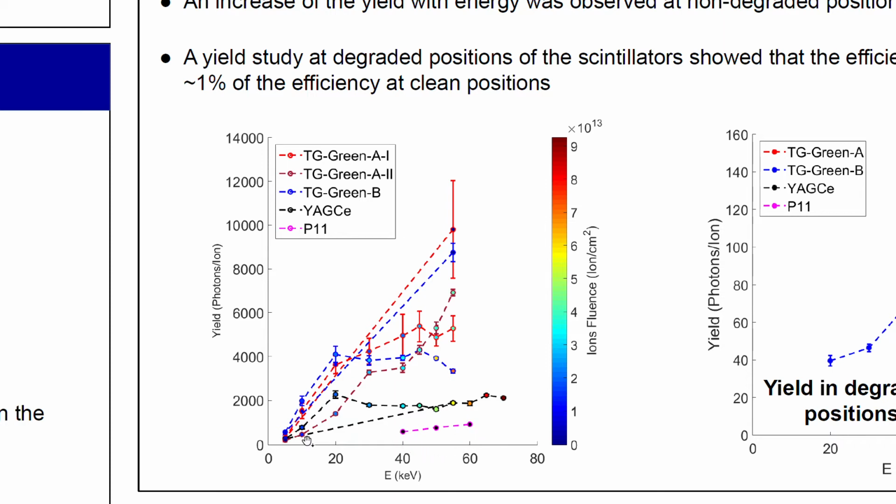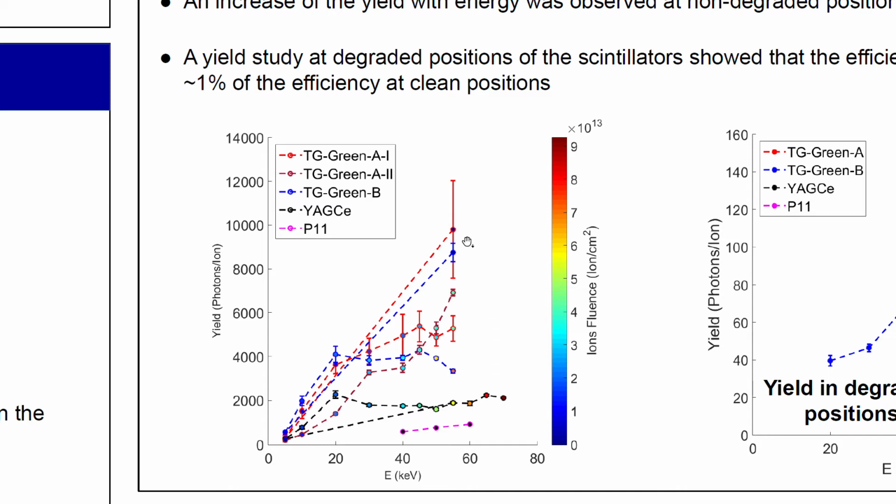When we increase the incident energy, we also increase the yield until we can see a decrease in the yield. This decrease could be explained by the degradation of the scintillator. When a scintillator is irradiated by an ion fluence, this irradiation creates some damage in the structure of the scintillator, and this damage inhibits light.